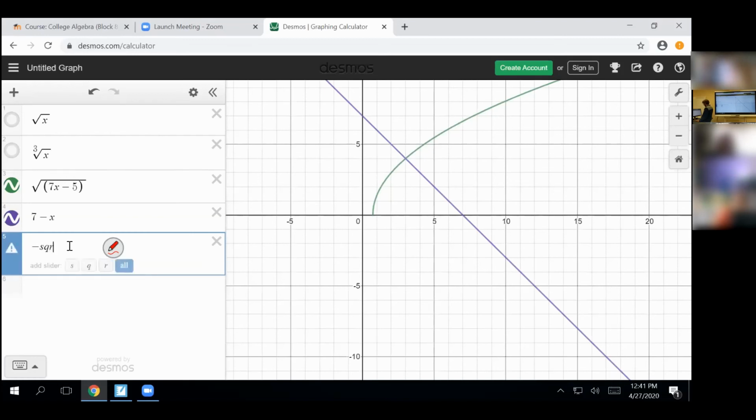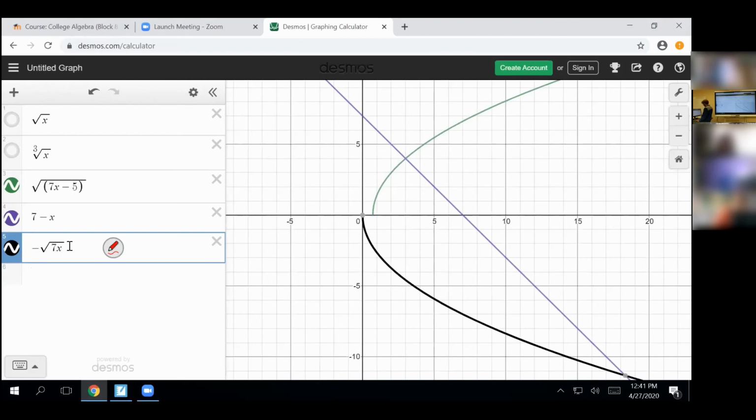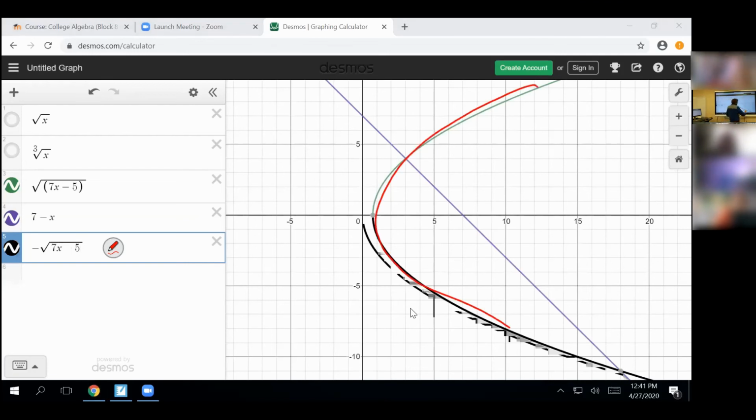So let me actually type in the negative square root of 7x minus 5 here. And as you can see, if you put the positive square roots with the negative square roots, you actually get this nice sideways parabola. And that's no coincidence. That's because the square root is undoing a parabola. Therefore, its shape is basically a sideways parabola. Now, this other solution down here is that 18 that we found.